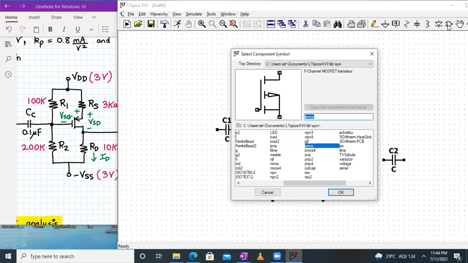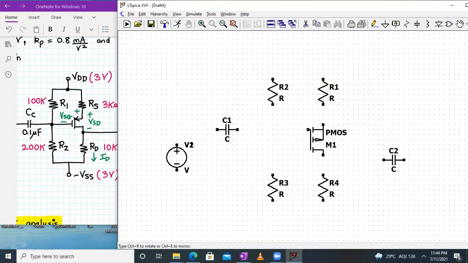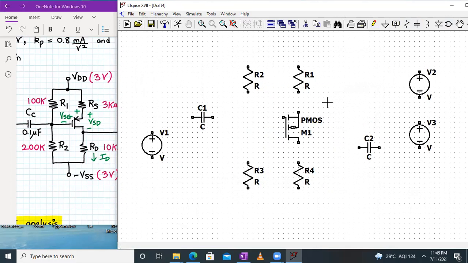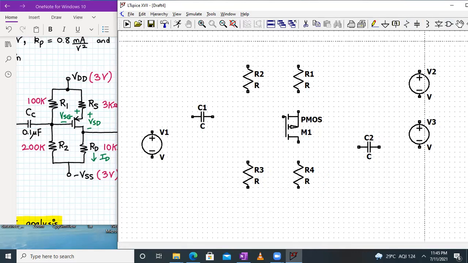Then we require an input signal source, which is voltage again. And we also require 2 power supplies. So here are the two power supplies. Okay, and now we have to connect them together. So for connecting them, we use wires.